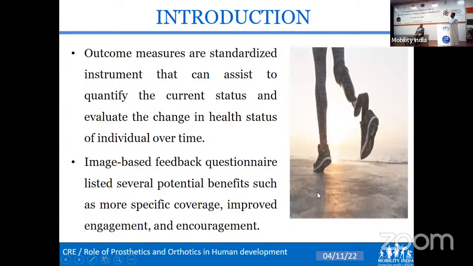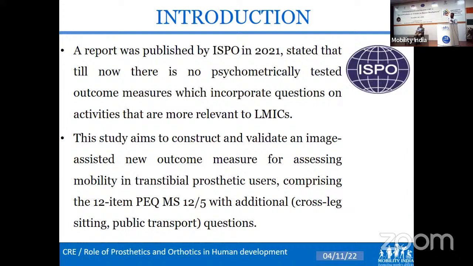In contrast, image-based feedback questionnaires offer several potential benefits, such as more specific coverage, improved engagement, and encouragement. Also, a report published by ISPO in September 2021 stated that till now there is no psychometrically tested outcome measure which incorporates questions on activities that are more relevant to low or middle income countries like India, such as cross-leg sitting and going to temples and praying places.